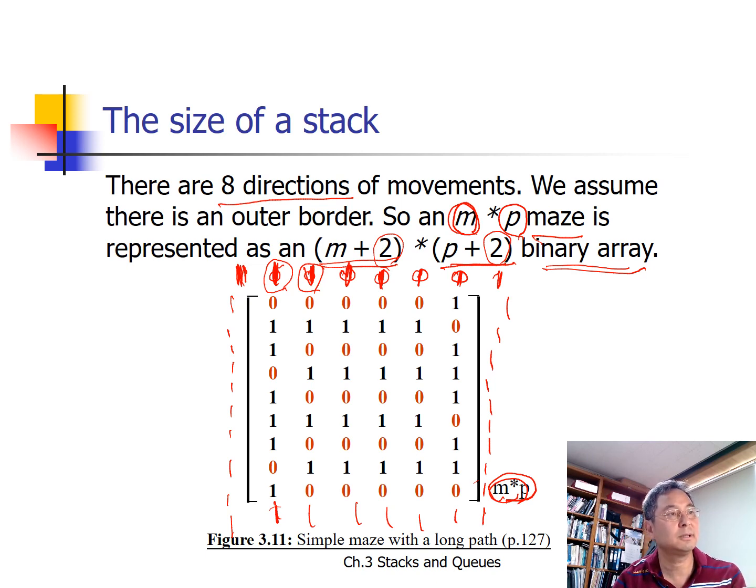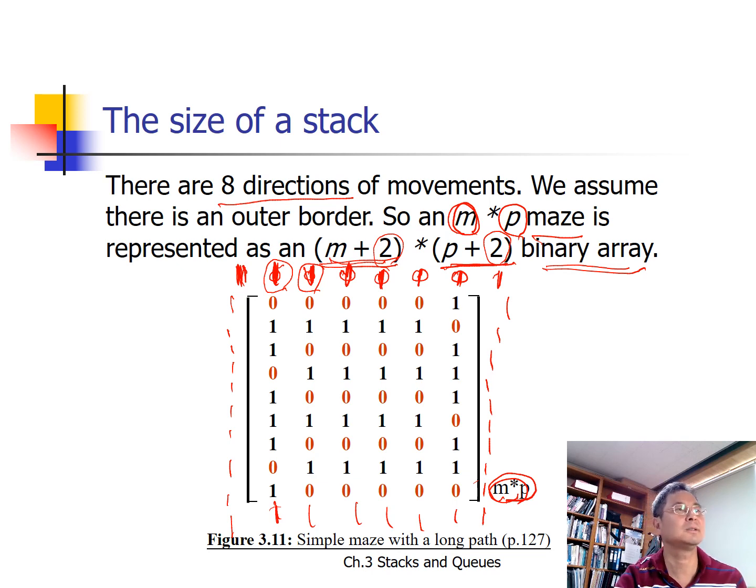Okay, so this is also a good design method. So if I make one problem, why do you use m plus 2 by p plus 2 rather than an m by p maze whose boundary is filled with 1? Then the answer to that question is that if we use that design, then the implementation becomes much simpler.